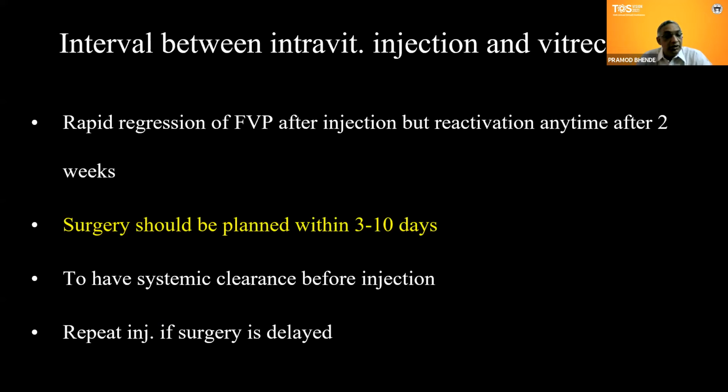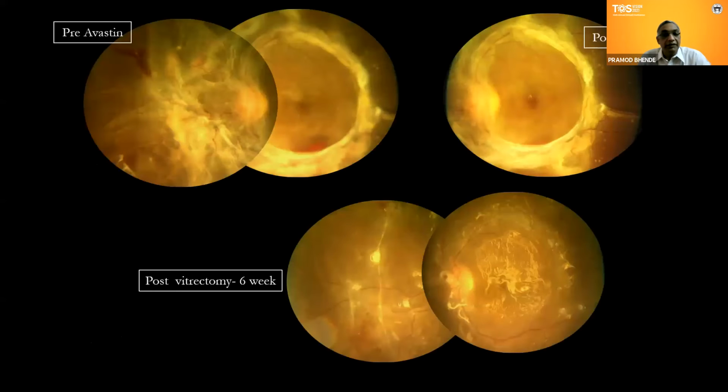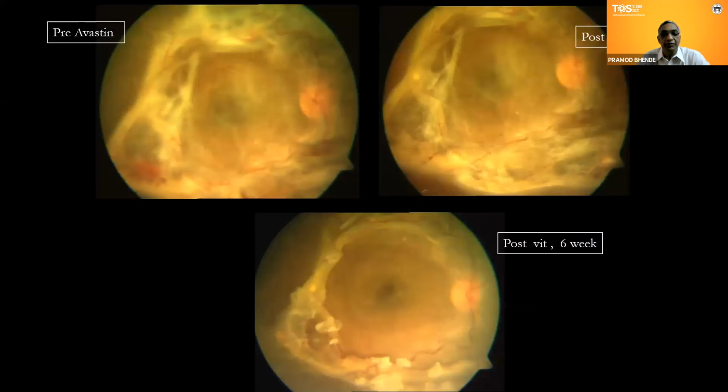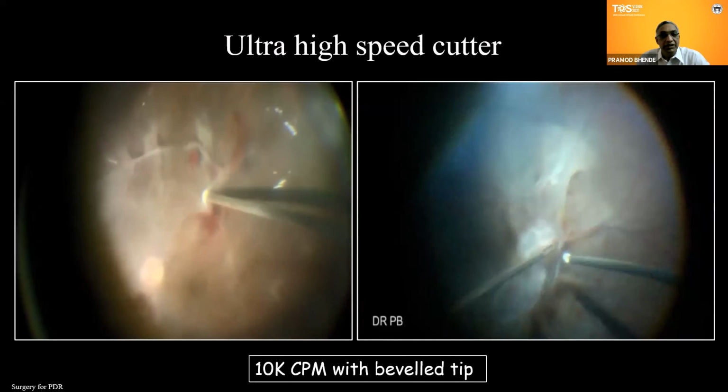And obviously you need to have systemic clearance before injecting, because these diabetics can have multiple systemic issues. If by some reason things get delayed and surgery gets postponed, you may have to re-inject. And these are a few pictures showing pre-Avastin and post-Avastin reduced vascularity, and post-vitrectomy 6 weeks later. In the second eye of this patient, things work out much easier, our life becomes much easier.